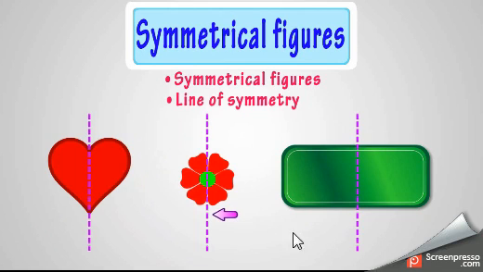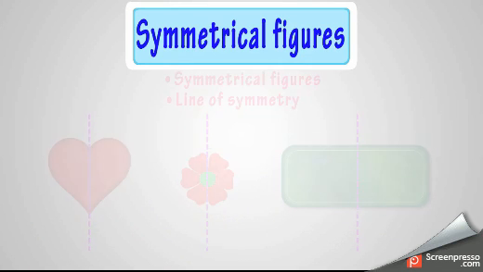This is the line of symmetry here or here. If I draw the line of symmetry like this in a horizontal way, it becomes a line of symmetry in the rectangle. This is the line of symmetry and this is a symmetrical shape.